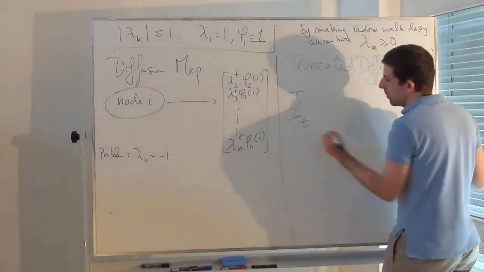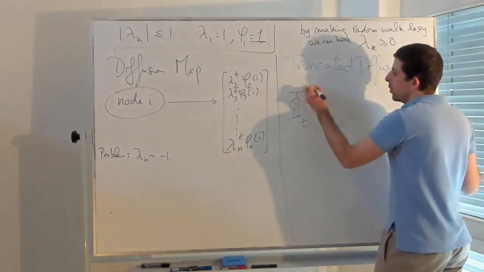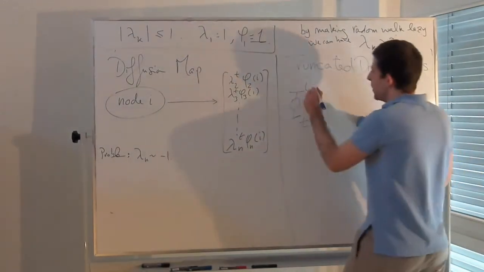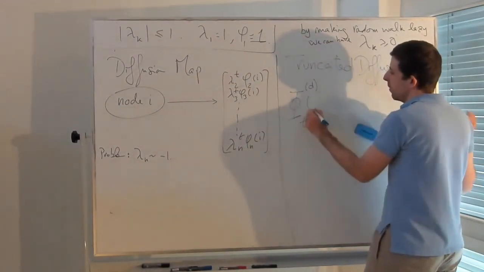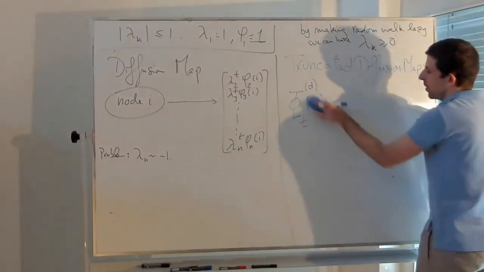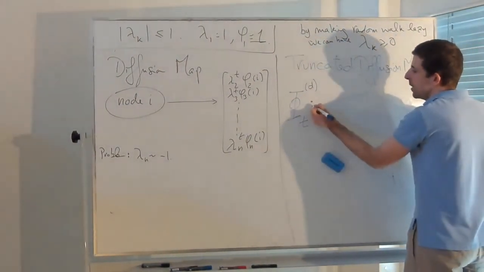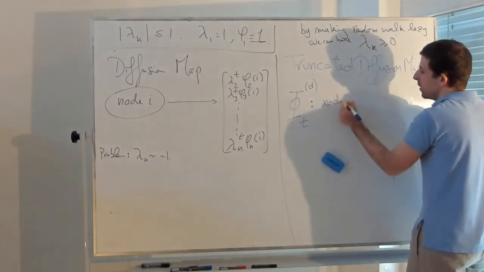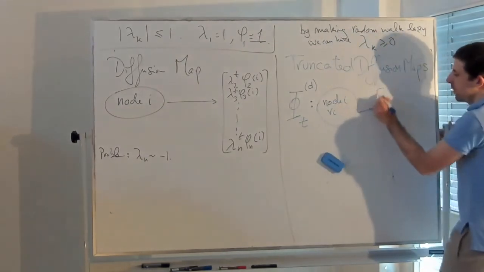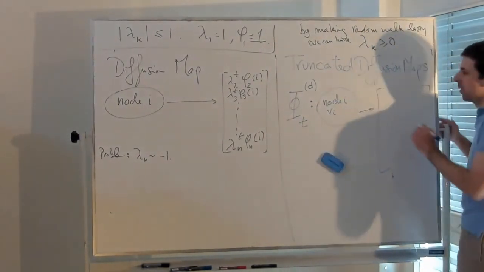So at the time t, and for a node i, for a truncation d, because we're going to send them to dimension d, this is going to send node i, sometimes we call this b_i, to the truncation of that map.